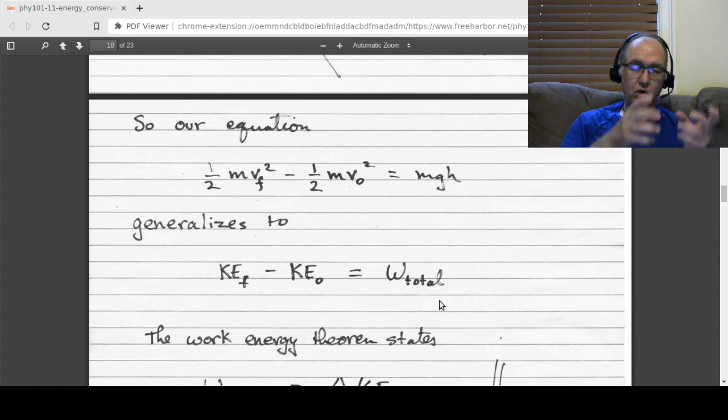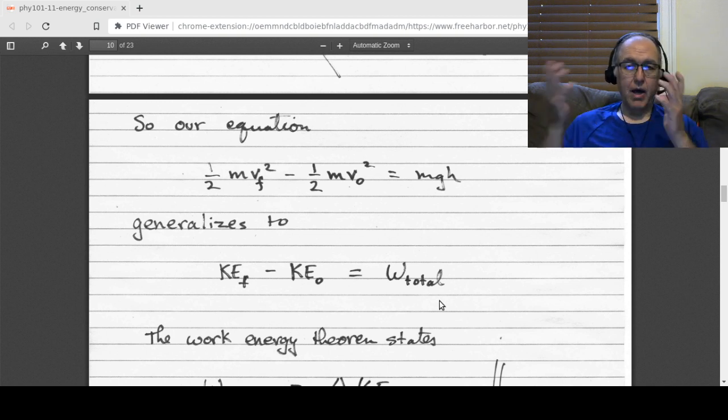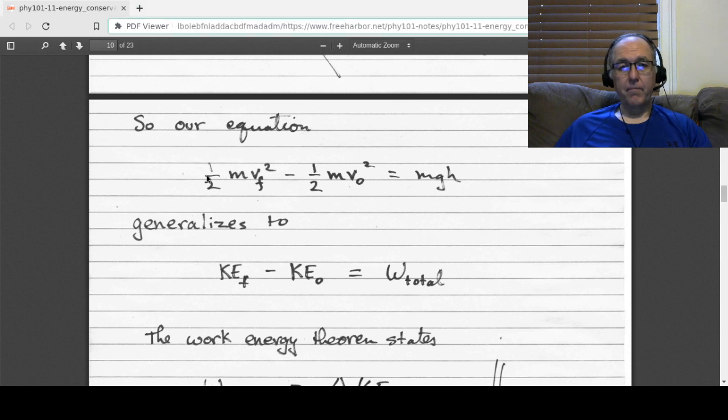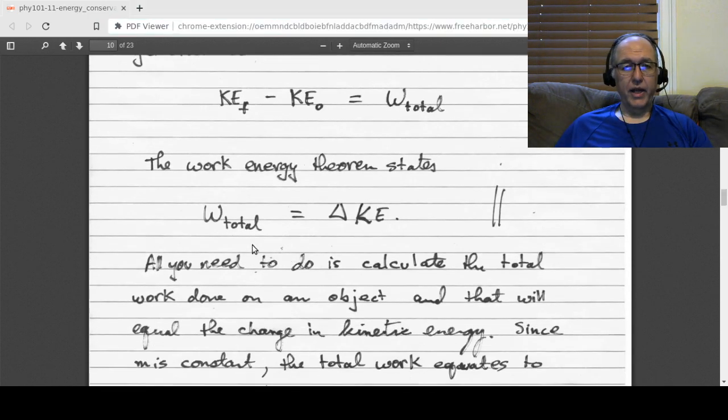You calculate the work due to this force, and you calculate the work due to all the forces acting on that object, and you add them all up. That's your total work. That total work is going to basically turn into the change in the kinetic energy. Okay, and so there it is. There's the work energy theorem. The total work done on an object is equal to the change in kinetic energy.